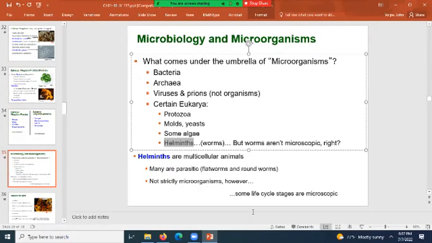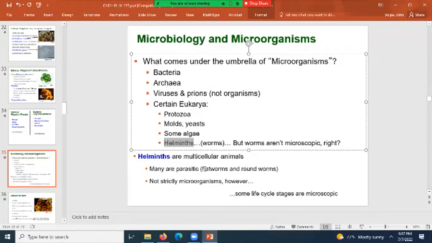All right, before I go further, let me mention that although we group the helminths together as worms because they look similar to human eyes, this is actually a misnomer, because the flatworms and the roundworms are as different from each other as they are from humans.